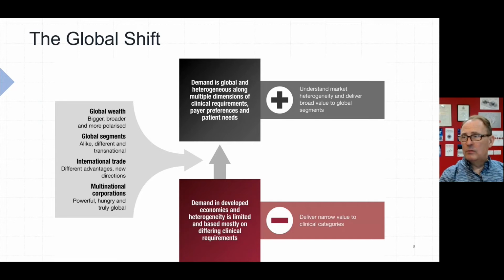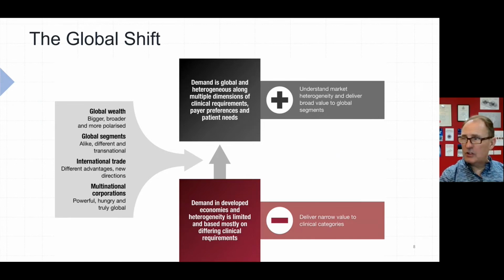But now both demand and supply are global, and they are heterogeneous, not just along the needs of what the patient needs clinically, but also in terms of things like how much people are prepared to pay and how they want to pay, and patients' other higher needs, such as compliance and comorbidities and so on.